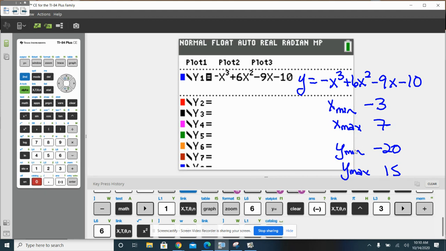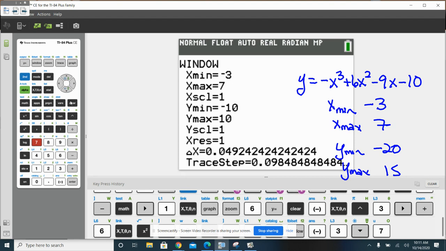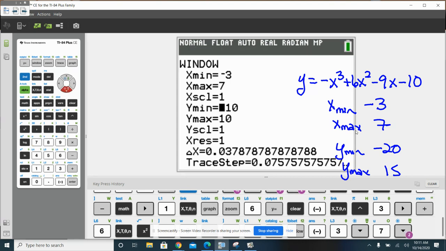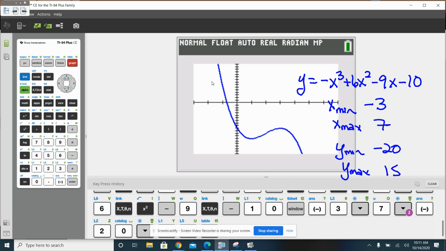Okay, now to put the window in, I'll hit this window button. And my x min is, like I said, -3. And then I have a 7. Keep that 1 there. And -20 to 15. Okay, so I'm looking at a cubic, a little S-shaped cube. Let's go back to see what they want me to do next.